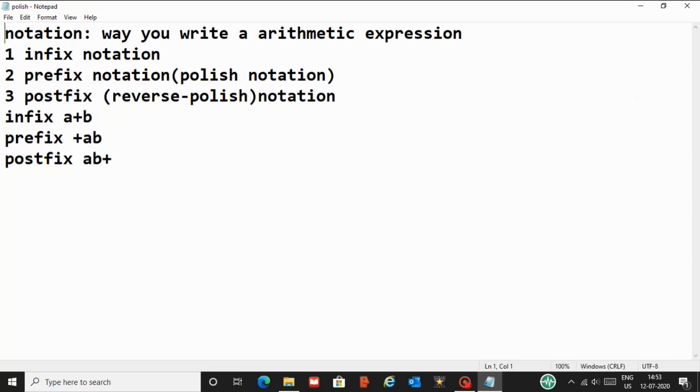In the same way, the equivalent postfix expression, also called reverse Polish notation, is ab plus, wherein the operator is postfix to the operands. Whatever the values of a and b, if I put the same values in all three, the result should not change. Before that, we'll discuss a little about parsing expressions.